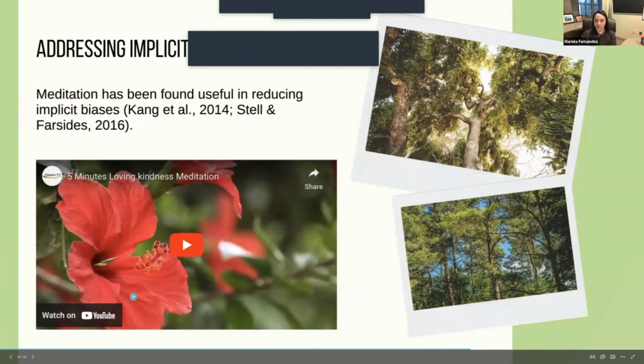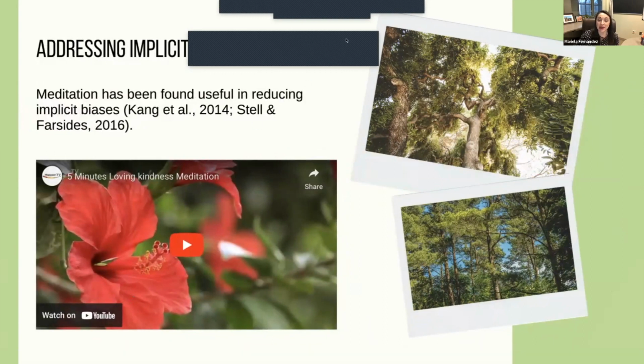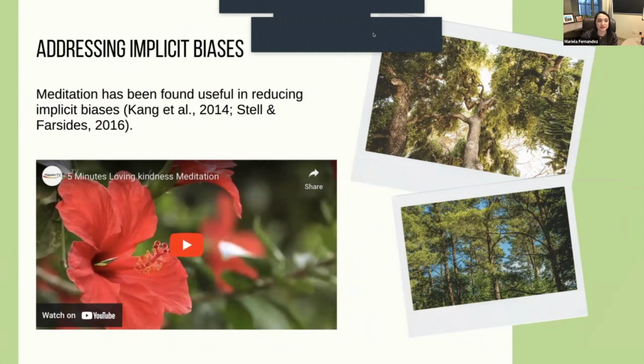Now to forward. Okay, so the research has tried to look at how to reduce biases. The first one I'm going to talk about is meditation. The one that has really been tested is the loving kindness meditation. There are numerous videos of this on YouTube that you can find. You can probably find a voice that you feel the most comfortable with. Because of time, I won't play it, but really there are 4 sentences in this meditation that are said over and over again, while also doing some deep breathing exercises.